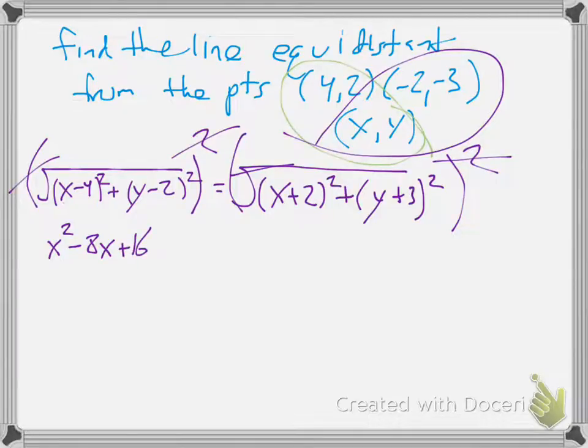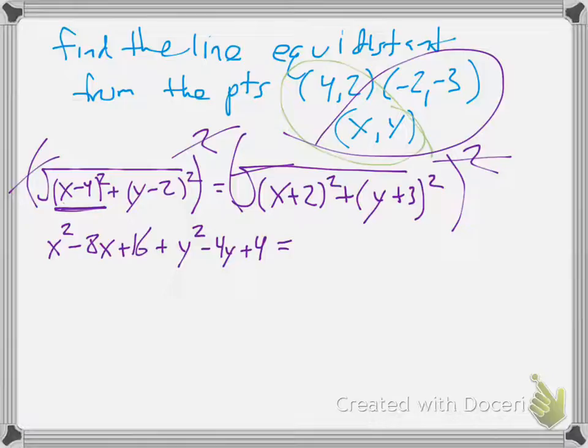Right there, guys, I put the pattern on there so we wouldn't have to worry about it. Next one. Plus y minus 2 squared would become y squared minus y times negative 2 times 2. So that becomes negative 4y plus 4.